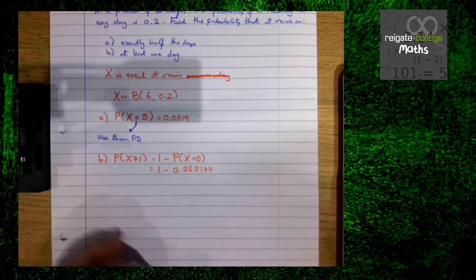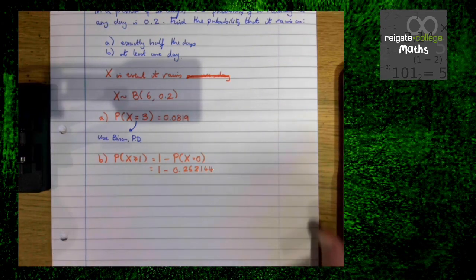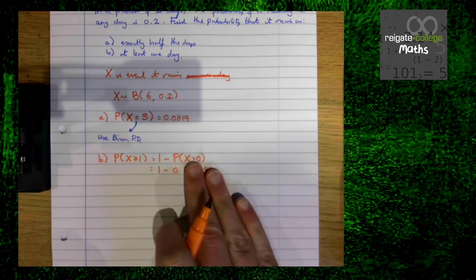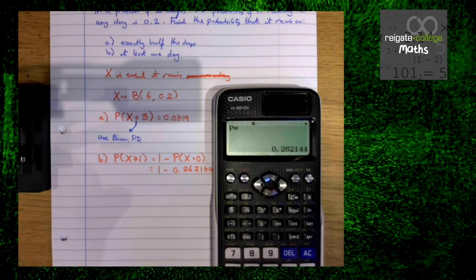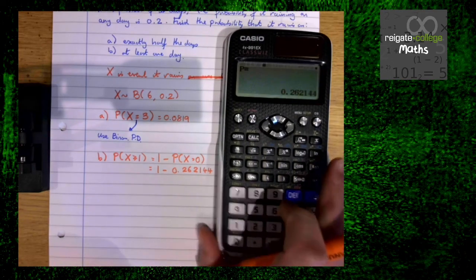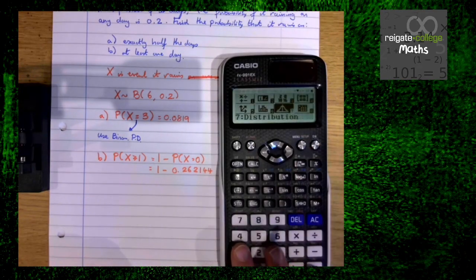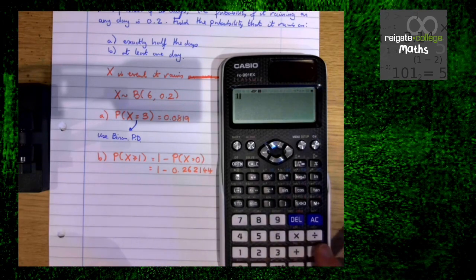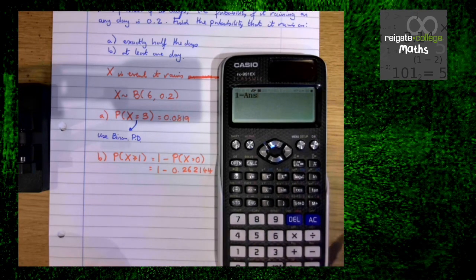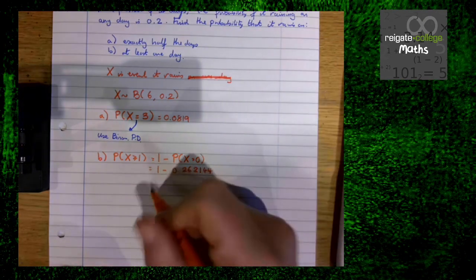Now for this, I tend to write down the whole thing. The other good thing about these calculators is this is now stored as the answer button. So if we go menu and then back to 1 for our normal calculation, if we just type in 1 minus answer, the calculator does it for us and we can then round it.